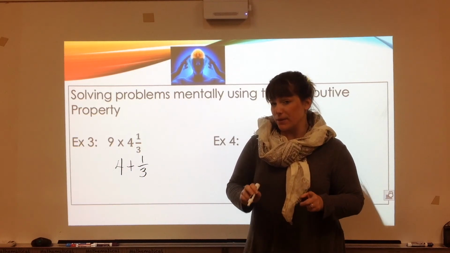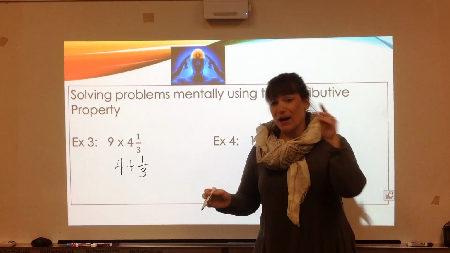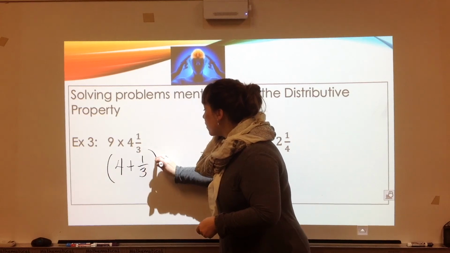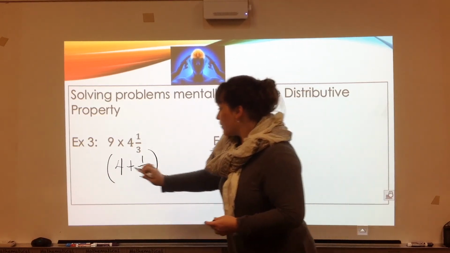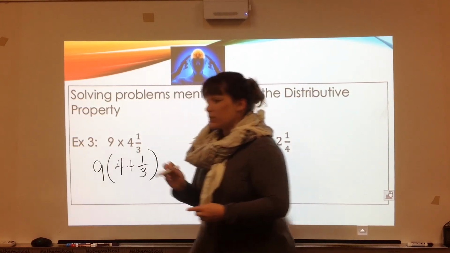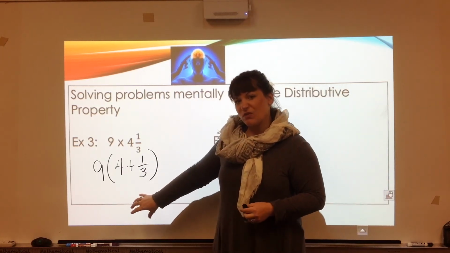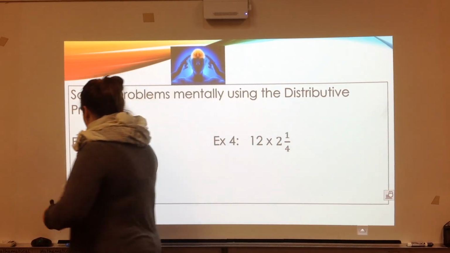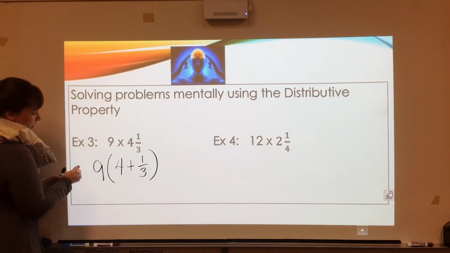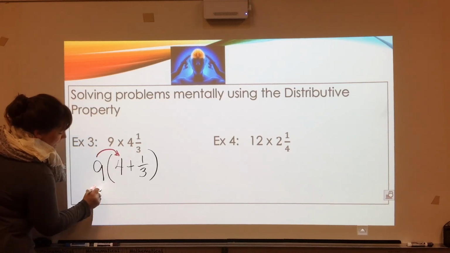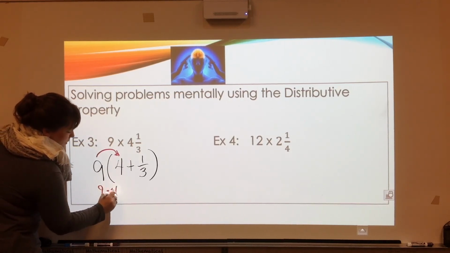But the problem is we have to multiply 9 by the entire mixed number. So what we're going to do is call this 4 1/3, and we have to multiply the whole thing by 9. So now this becomes a distributive property kind of problem because we can now pair the 9 with the 4. That's 9 times 4.